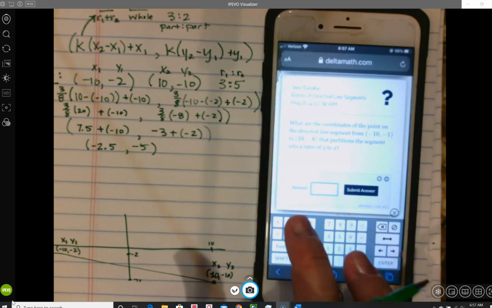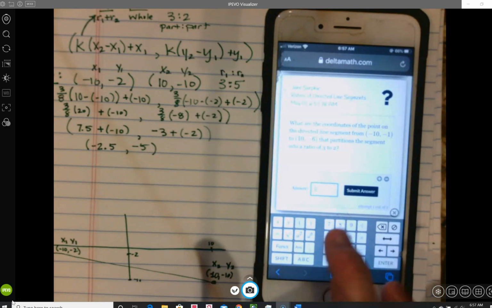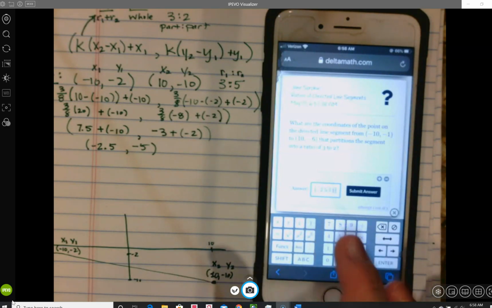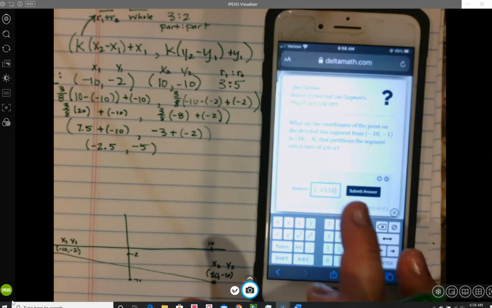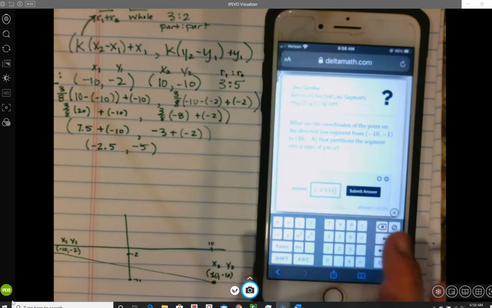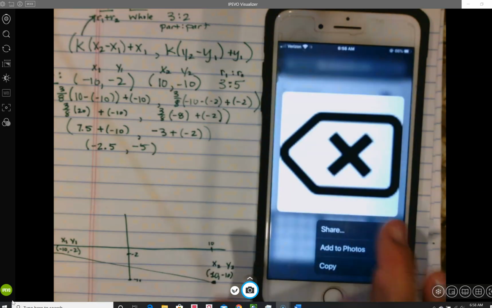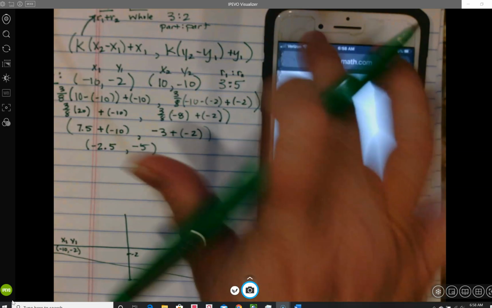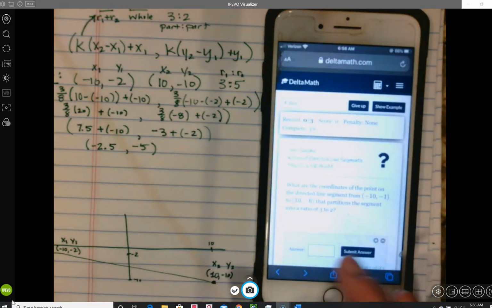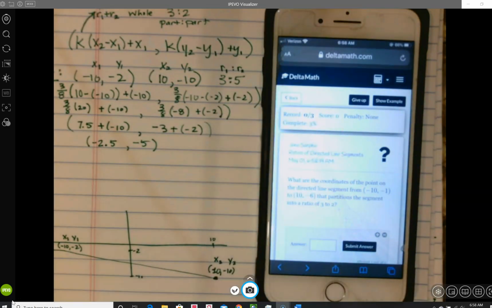You're going to make sure you put in a parenthesis and then you put in the number and use the comma. And so this is a fake answer. This is not really the answer, but I'm just showing you how to type it in. You use the parentheses and the comma for an ordered pair. So at any rate, that's how you submit your answer.